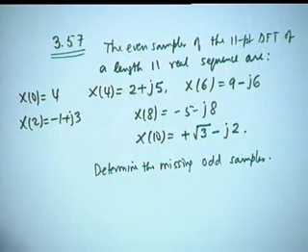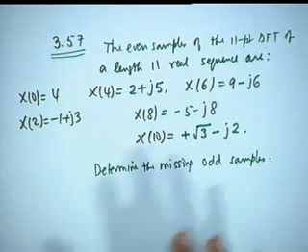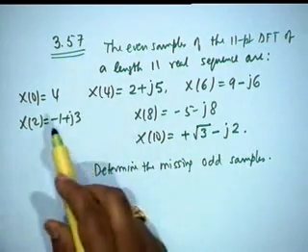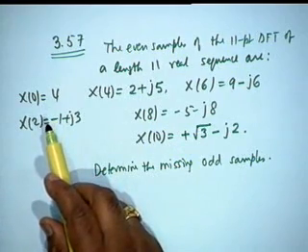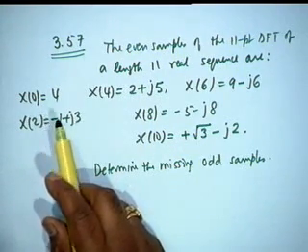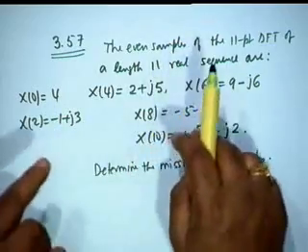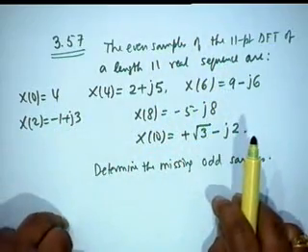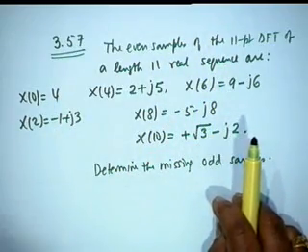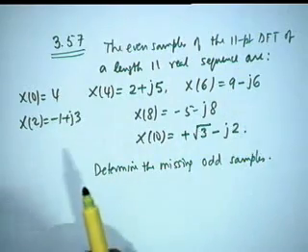The remaining 5 have to be found out. If you want to do it mechanically, then you shall write X of 0 as summation x of n, n equal to 0 to 10, and write the next equation, and try to solve them to find out x of n. Well, that is mechanical, and you will make your life miserable and extendable to any limits of fatigue.